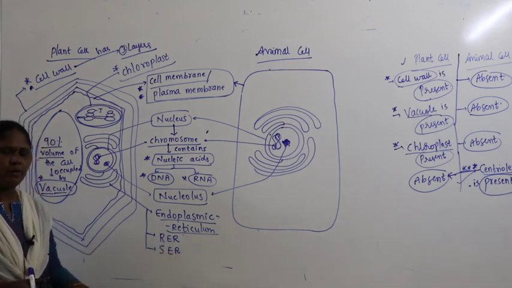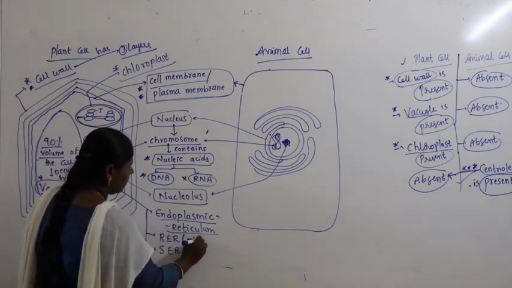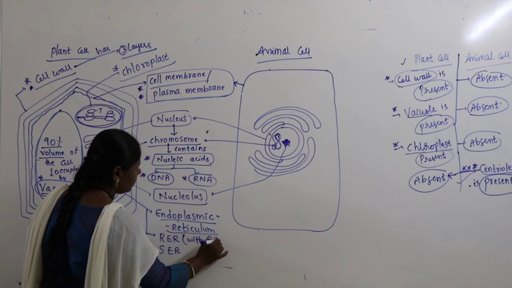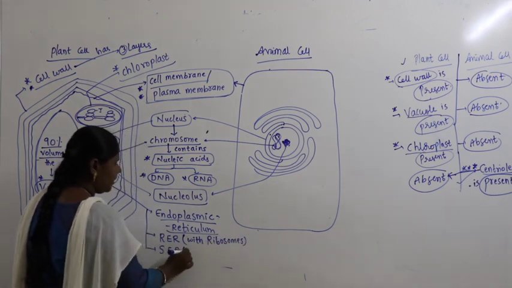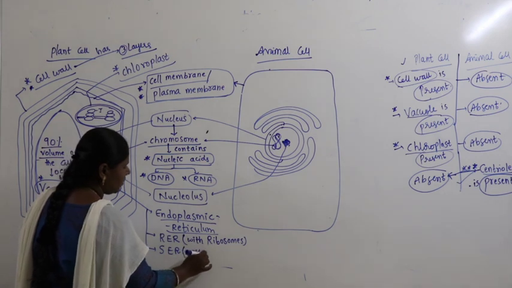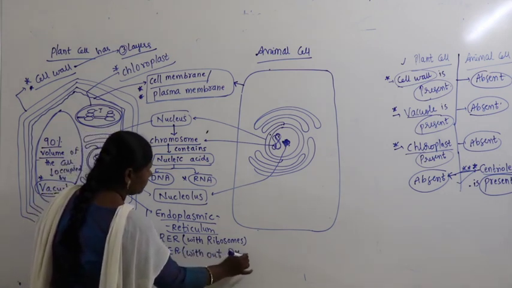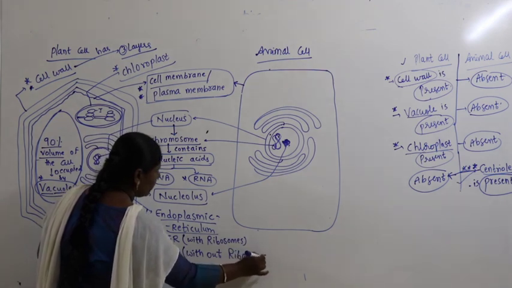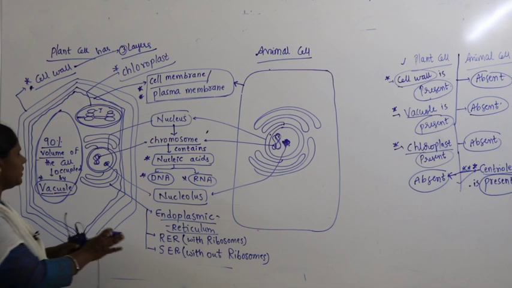What is rough endoplasmic reticulum? Rough endoplasmic reticulum is with ribosomes and smooth endoplasmic reticulum is without ribosomes. You know this difference well.